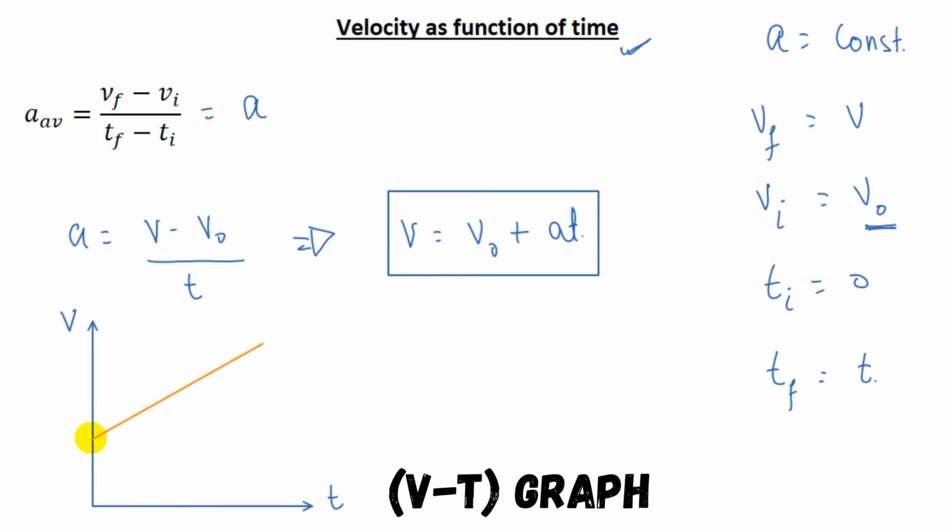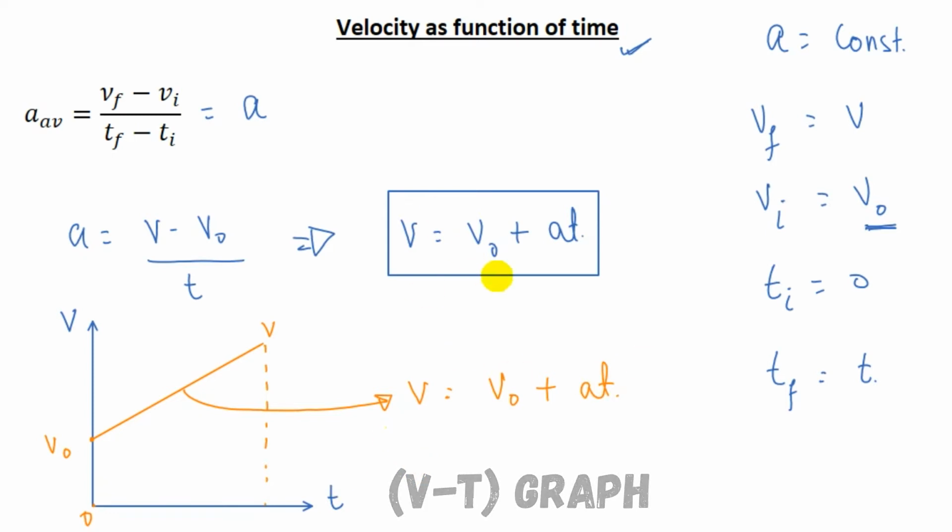And this intercept would be v naught, because at time t equals 0, the velocity is v naught, and at time t equals t, the velocity becomes v. So we have represented this equation with a straight line on the v-t graph. This is v equals v naught plus at, and this is the first equation that we have derived.